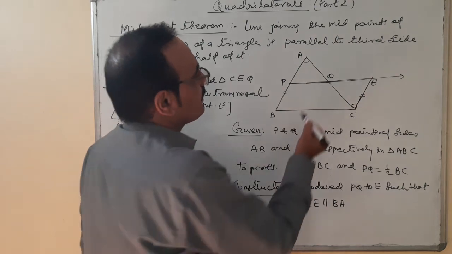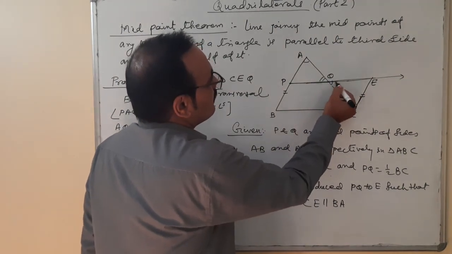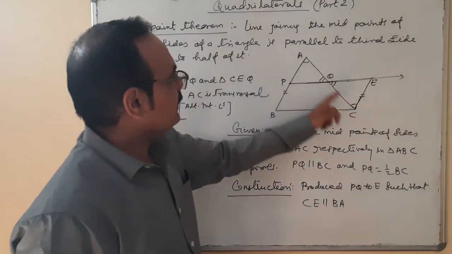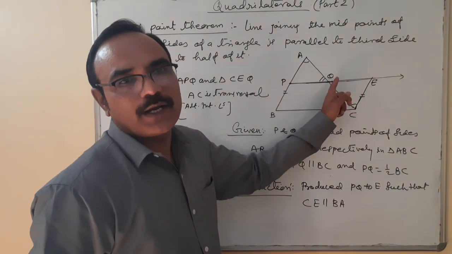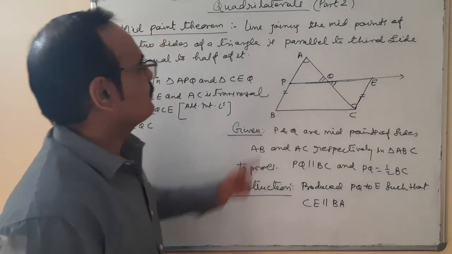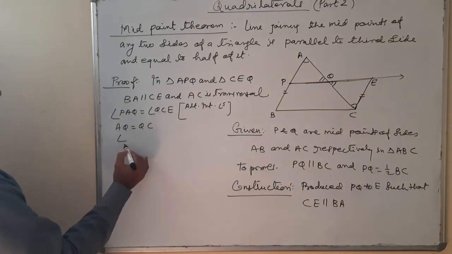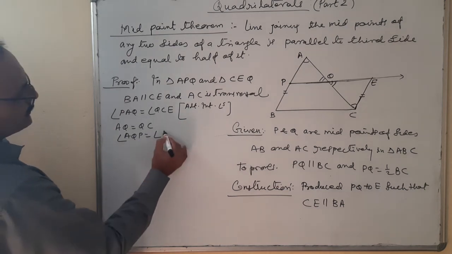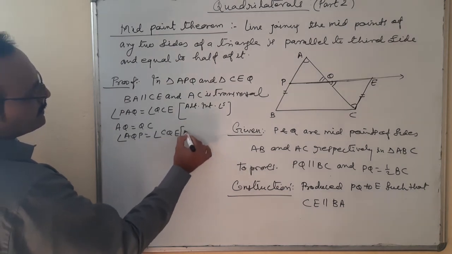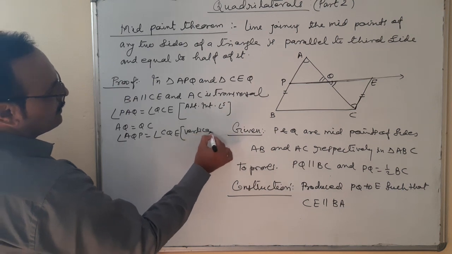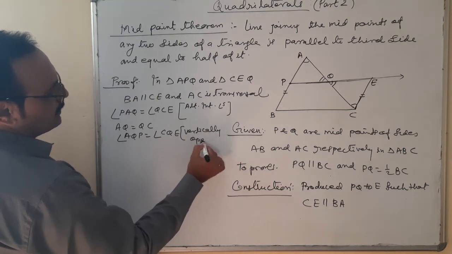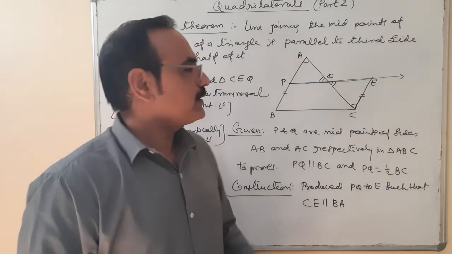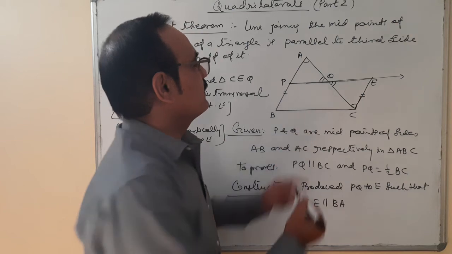Another thing, vertically opposite angle. AC and PE are intersecting at point Q. So angle AQP is equal to angle CQE. Reason: vertically opposite angles. Which congruency is used? Angle, side, angle.